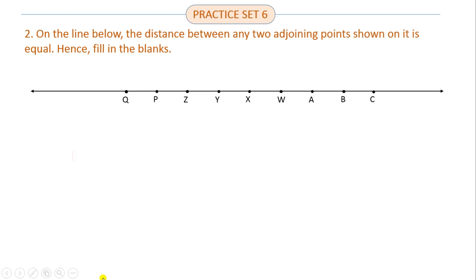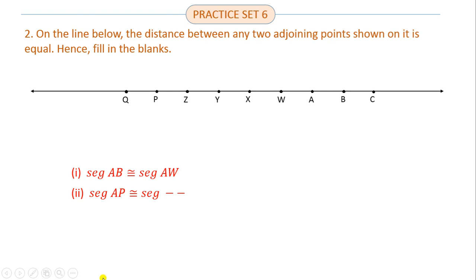First one is, segment AB is congruent to segment dot dot. Here, the length of segment AB is 1 unit. Then we can give here any segment with length 1 unit. And we give here segment AW. That is, segment AB is congruent to segment AW. And second one, segment AP is congruent to segment dot dot.